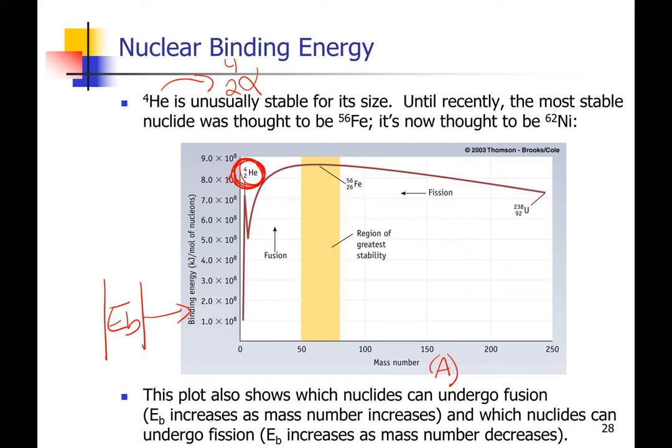If we ignore helium, then what we see is that the stability generally increases with mass until we hit kind of a happy space here in the 50 to 80 mass number region, 50 to 80 nucleons, and then the binding energy slows down, reduces a bit.